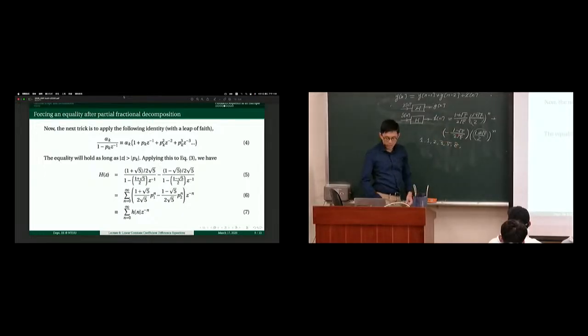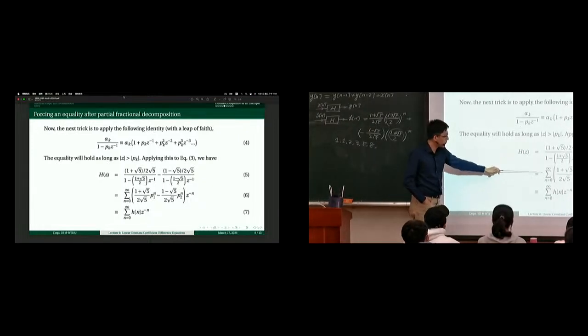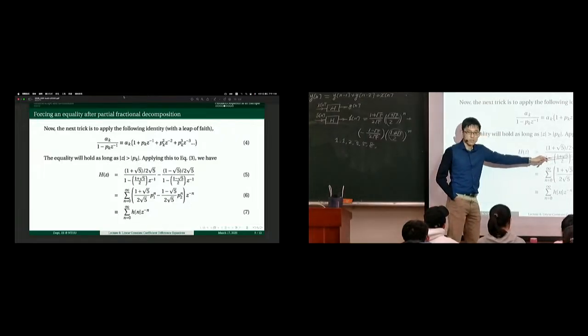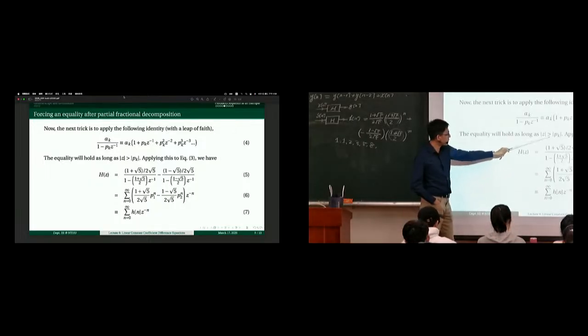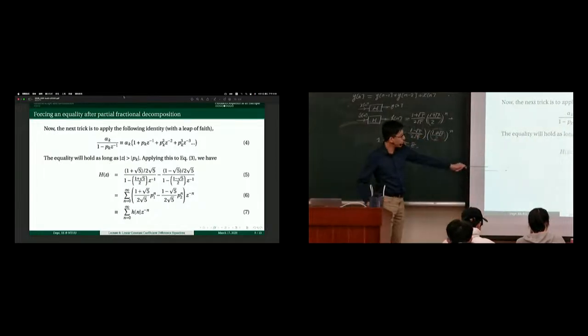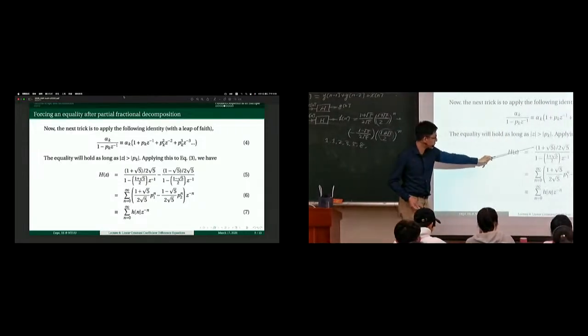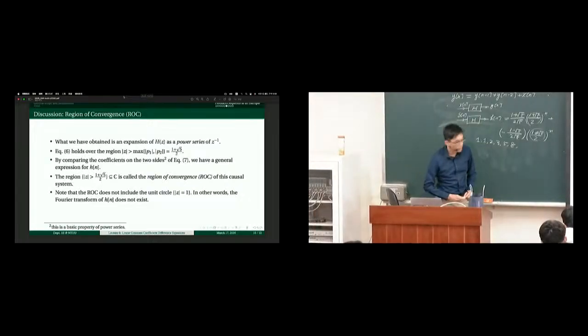Anyway, we know that you can check every step along the way, so this is correct. From here to here, this equality holds only if both terms converge back to that, right? So this equality holds with a condition: as long as z is outside this distance, and z is also outside that distance. Let me write it down. This is equation 6. From the fractional decomposition back to the geometric series, the equality holds only if two criteria are met, okay?